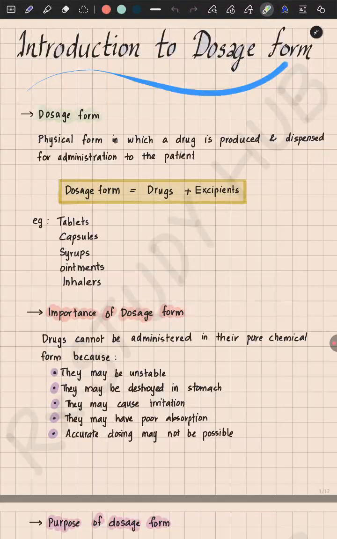Some drugs have a very bitter or unpleasant taste, making them difficult for the patient to take. In some cases, the drug may be destroyed by gastric acid if taken orally. So, dosage forms help to overcome all these challenges. They improve patient compliance, ensure accurate dosing, and ultimately enhance therapeutic outcomes.